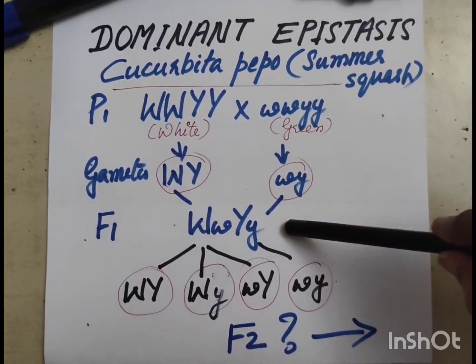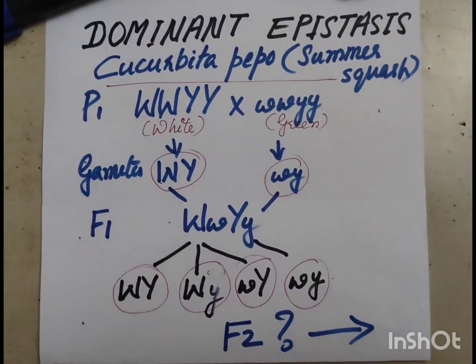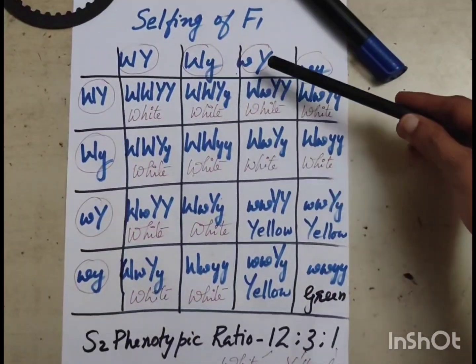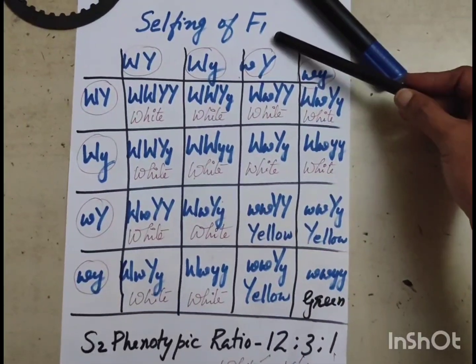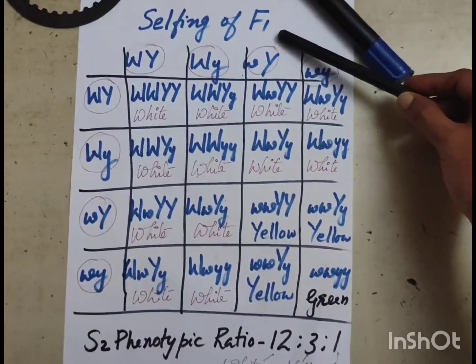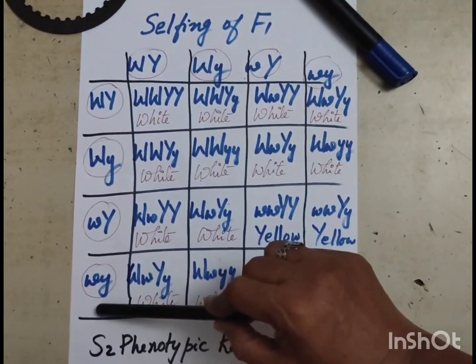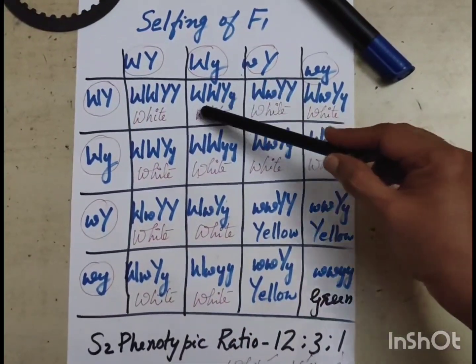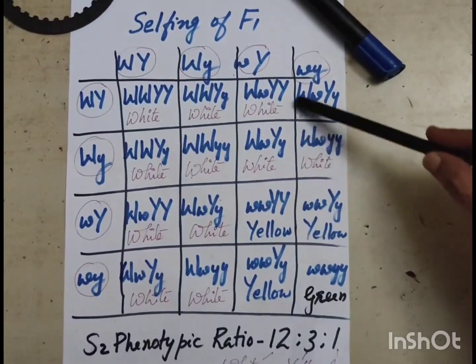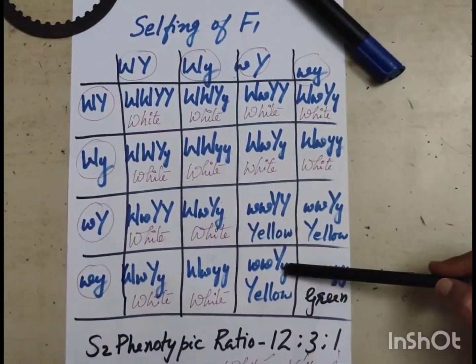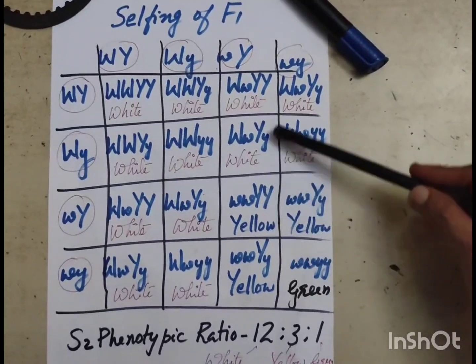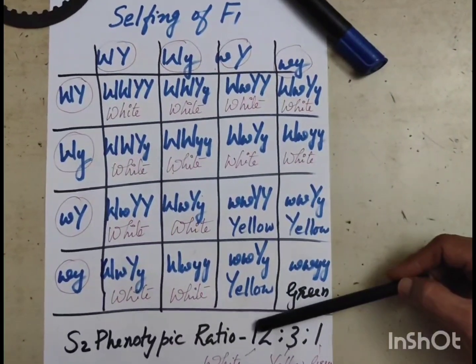Upon selfing the F1, we get F2. Let us see the selfing of F1 organisms. These are the gametes formed from F1. Upon selfing, you can see the different offspring produced in the F2 generation, and all these are shown in this Punnett square.